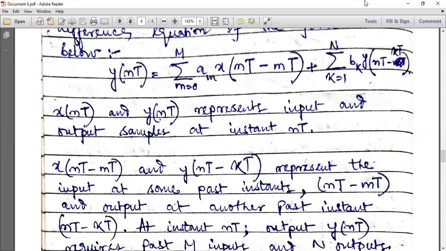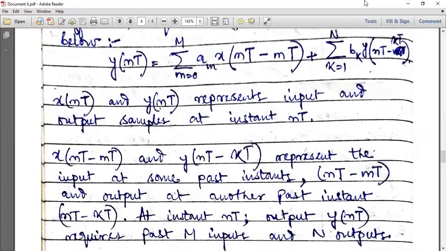Now, at instant nT, the output y of nT requires the past M inputs and N outputs simultaneously.